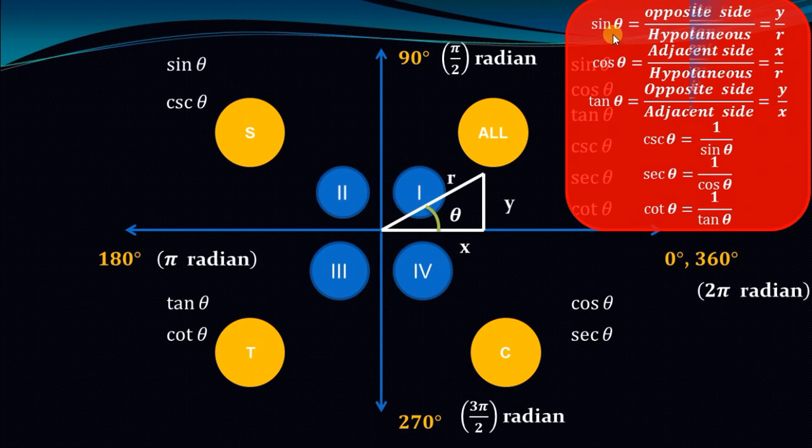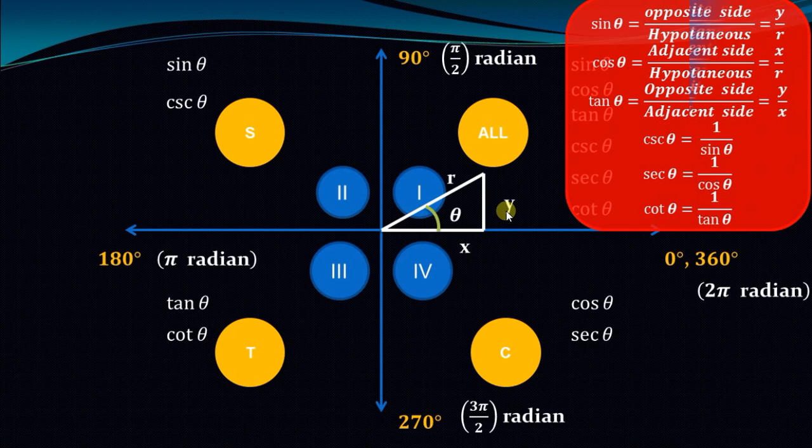So now we'll define sine theta. Sine theta is defined as the opposite side divided by hypotenuse, that is y upon r. Whereas cos theta is adjacent side, that is x divided by hypotenuse, that is r. Tan theta is opposite divided by adjacent side, so it is y upon x. Then cosec theta is defined as 1 upon sine, sec is 1 upon cos and cot is 1 upon tan.